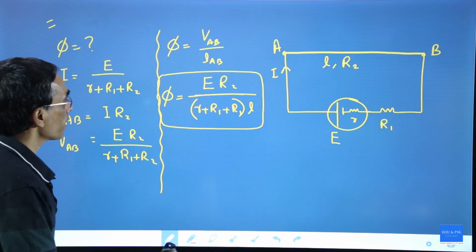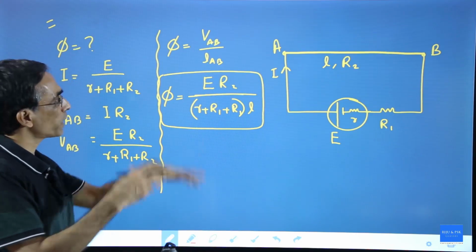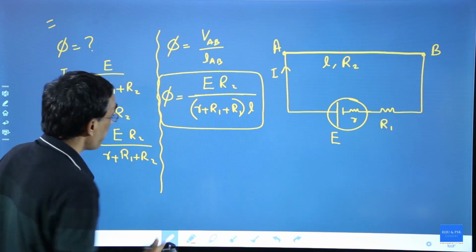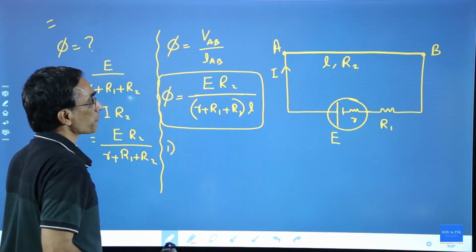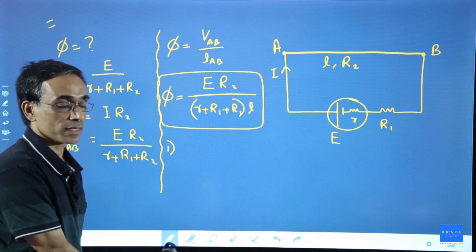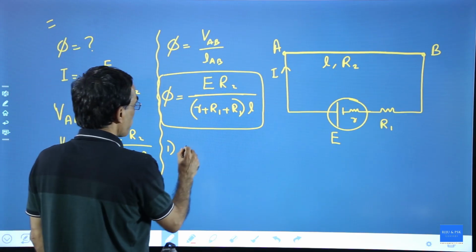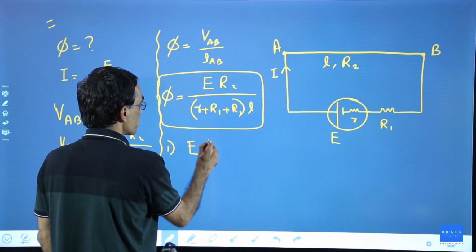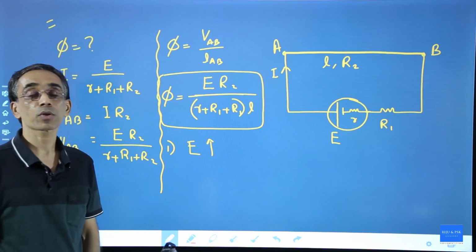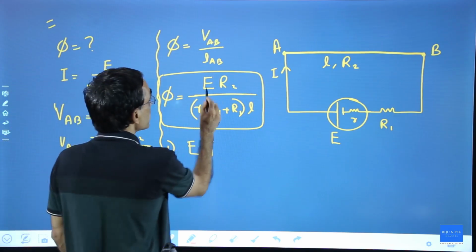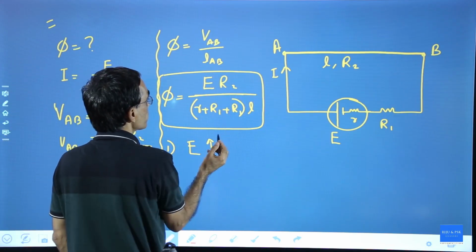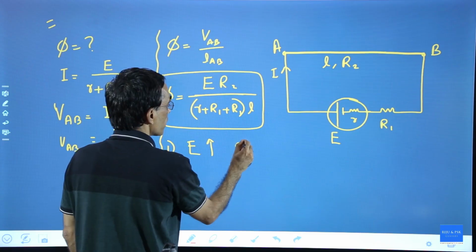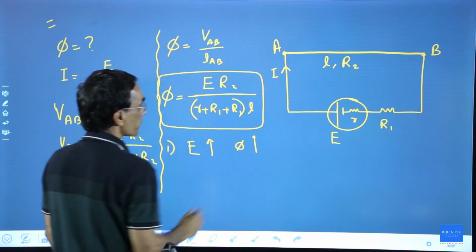Now, I can ask you so many questions on this. What will happen to the potential gradient if I increase the EMF? If I increase the EMF, phi will increase.